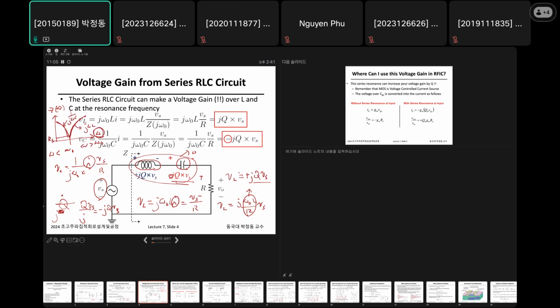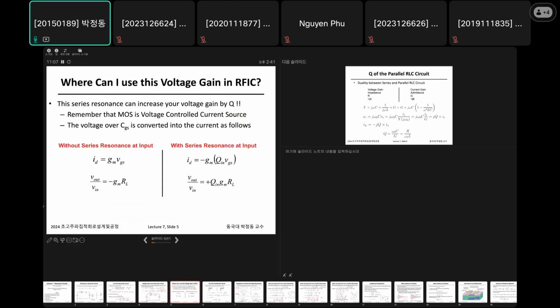So then where can I use this voltage gain in RFIC? Basically you can apply this directly to here.